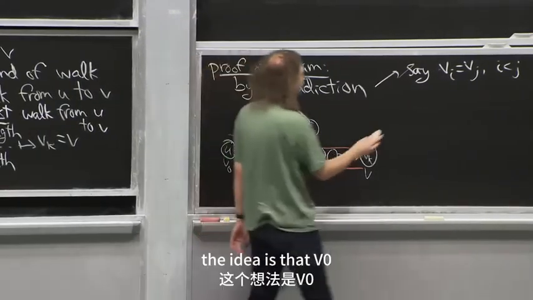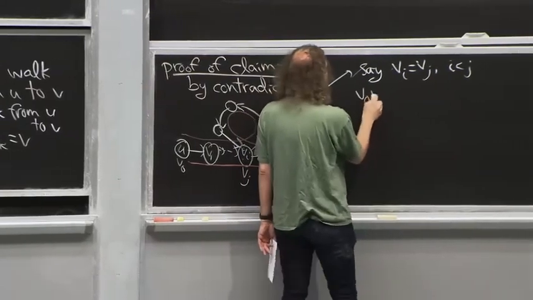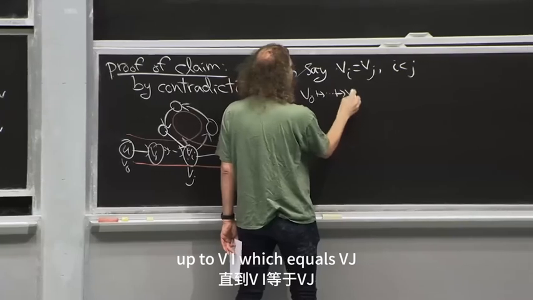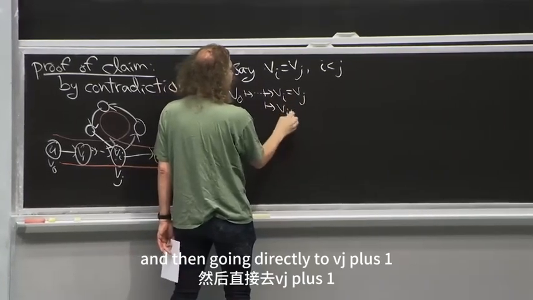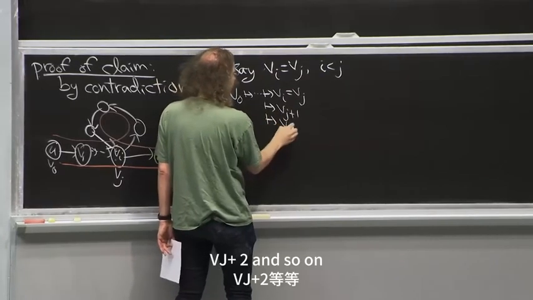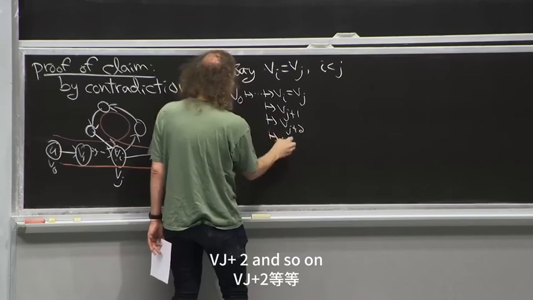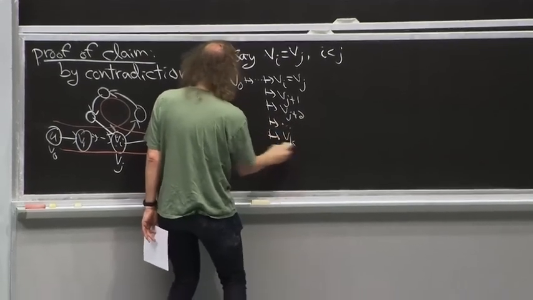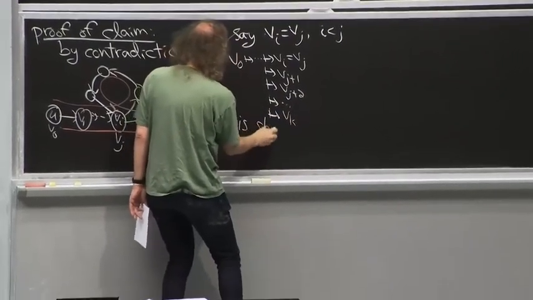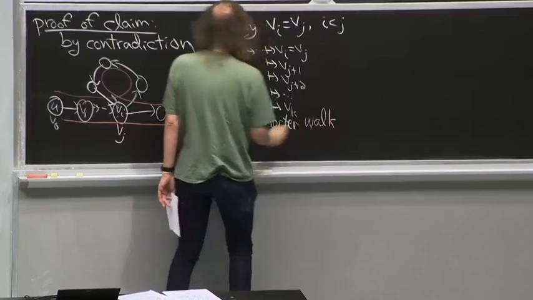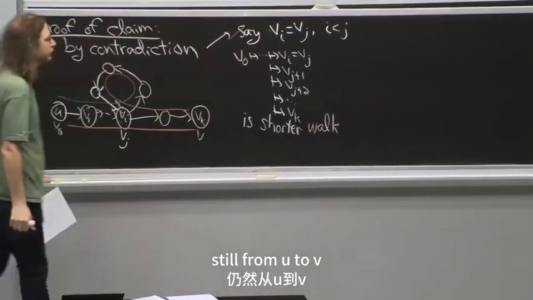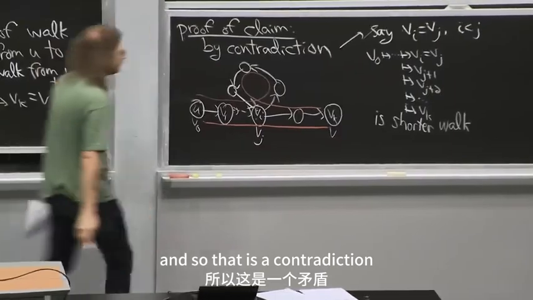And now the idea is that v0 up to vi, which equals vj, and then going directly to vj+1, vj+2, and so on up to vk is a shorter walk between the same two vertices, still from u to v. And so that is a contradiction.